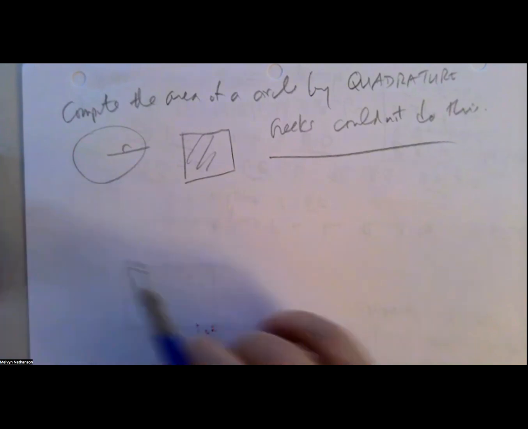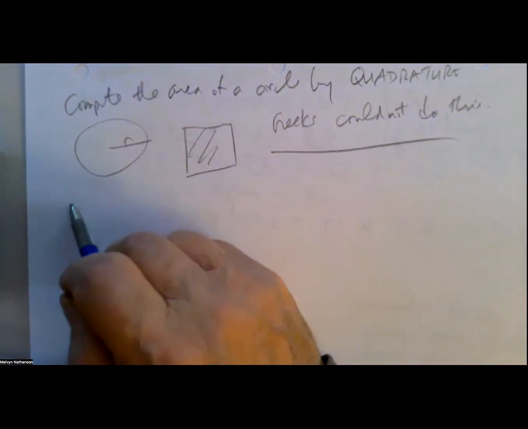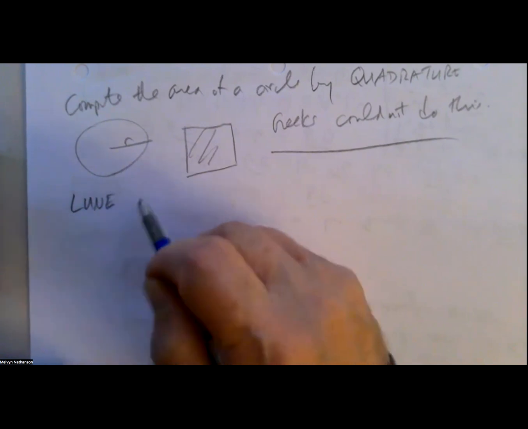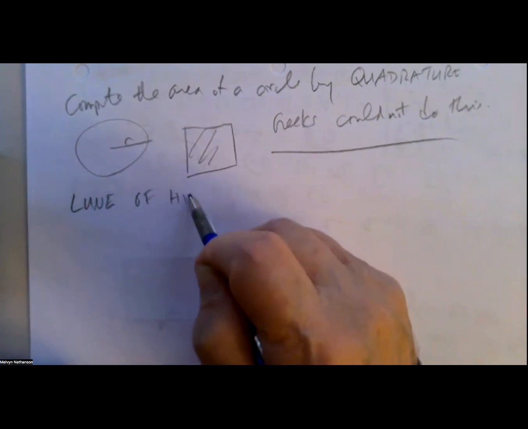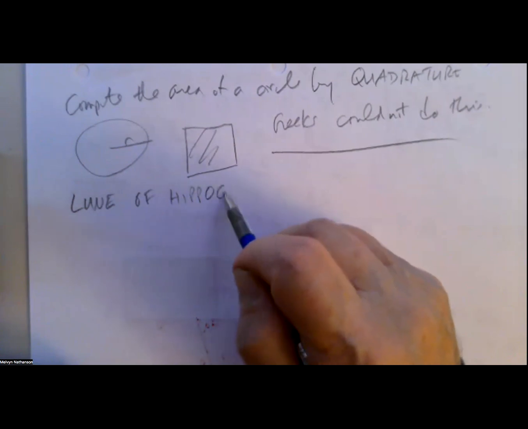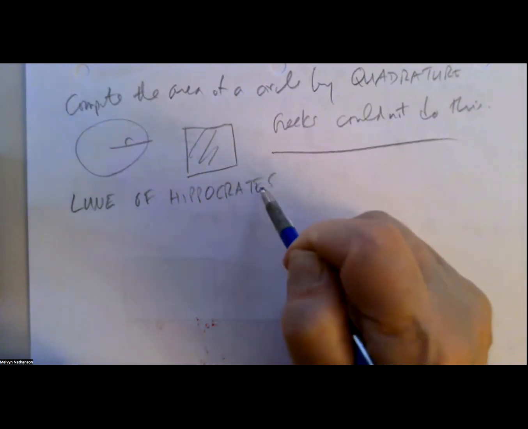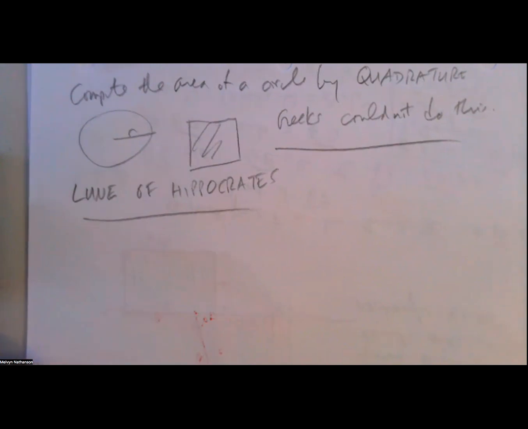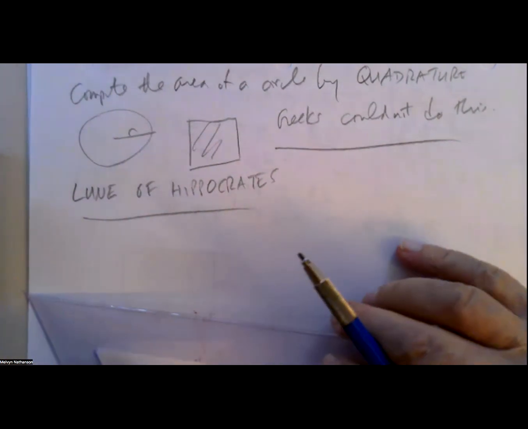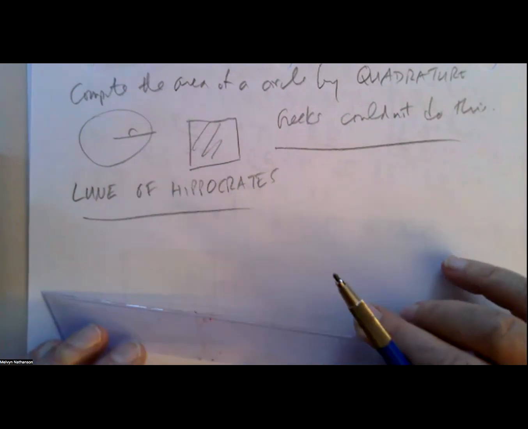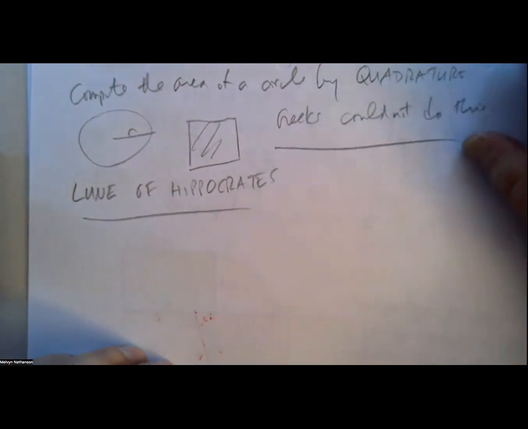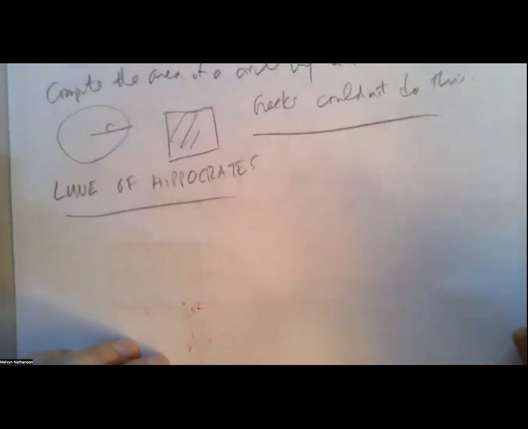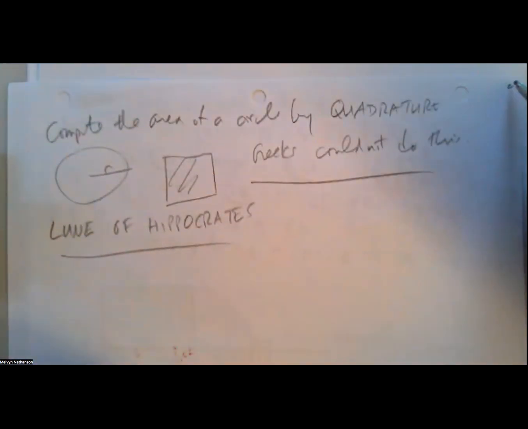So let me give an example, let me call this the lune of Hippocrates. A lune is something cut out by two circles in a certain way. And let me draw a picture of a lune. So how should we do this? Let's start. Let me make sure I have enough space. I'll start again on a clean piece of paper.